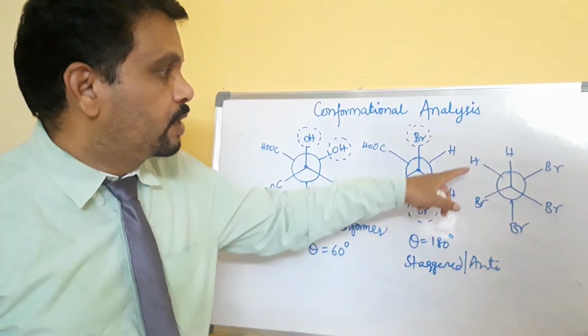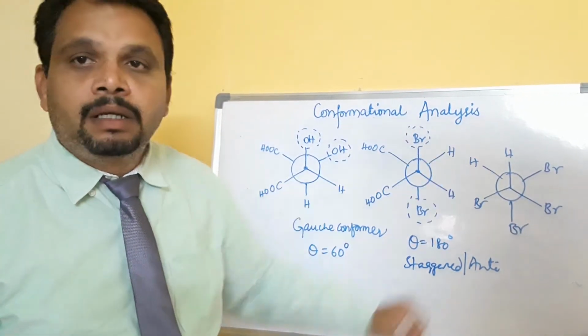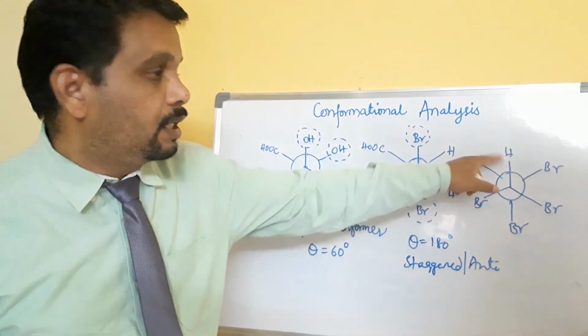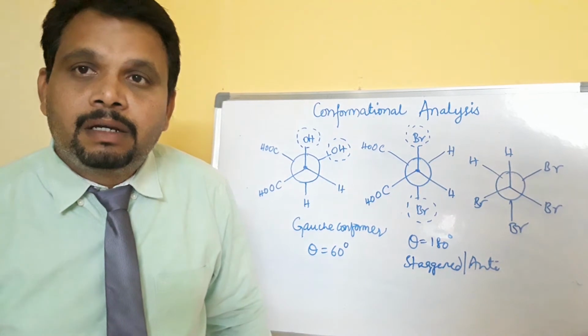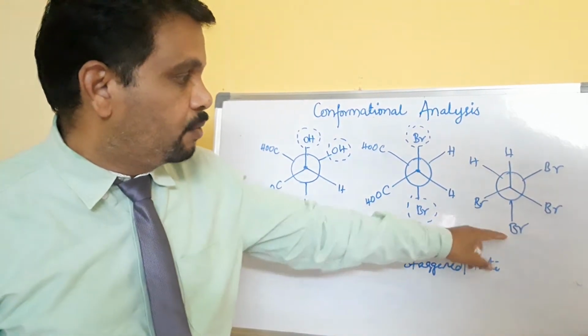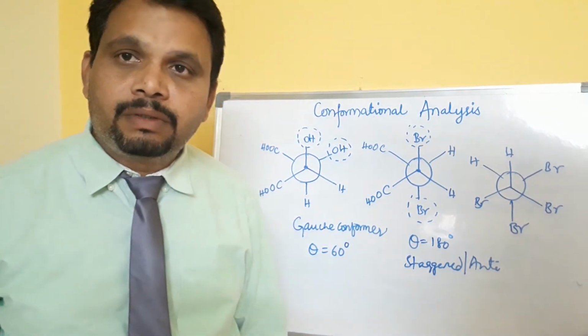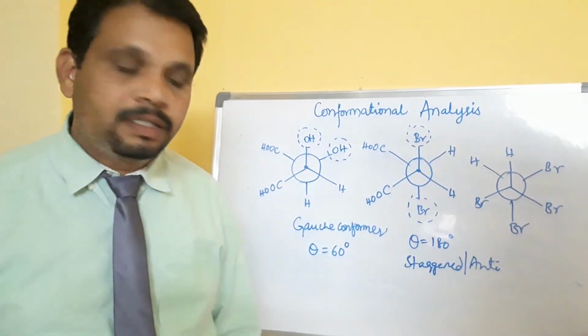Therefore, you can take hydrogen as the fluidicial pair, because if you take bromine, it is very difficult to classify which conformer it is.